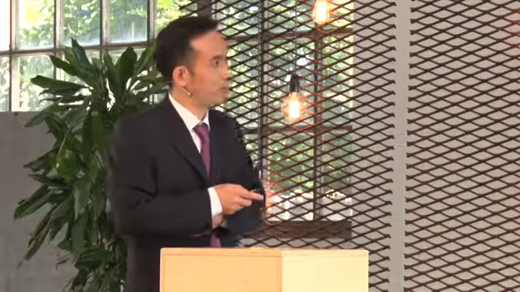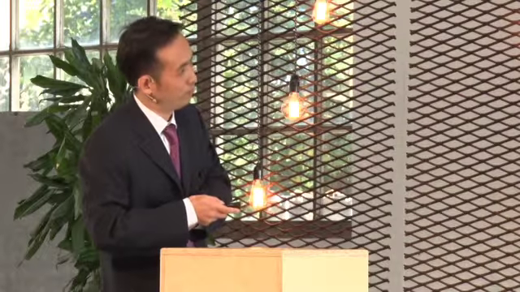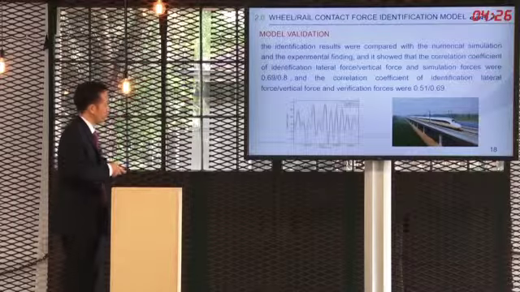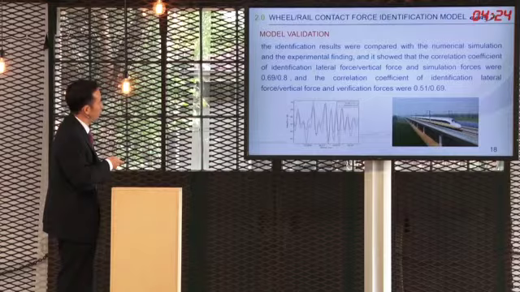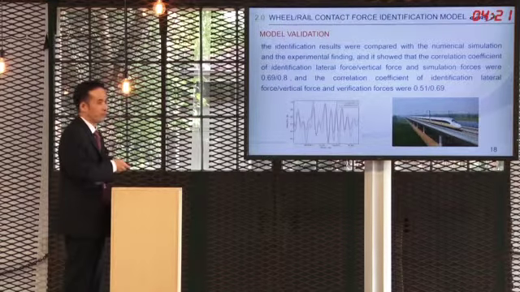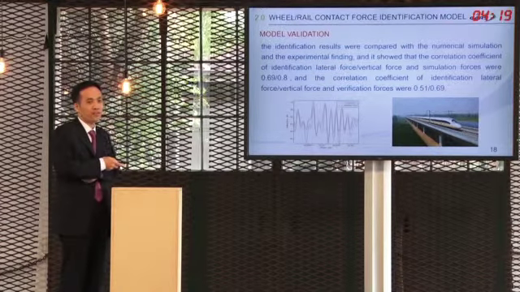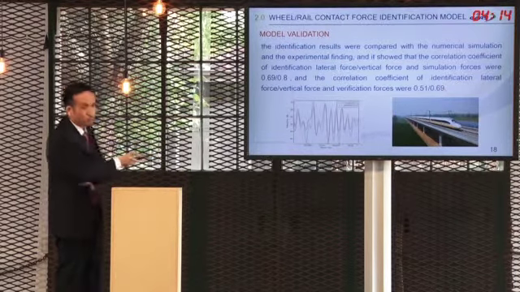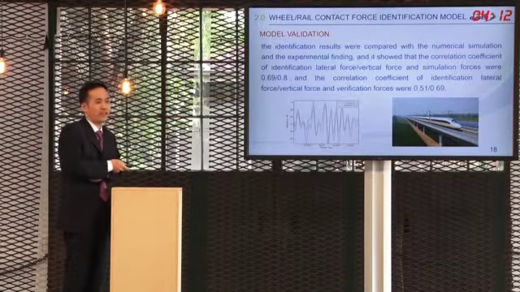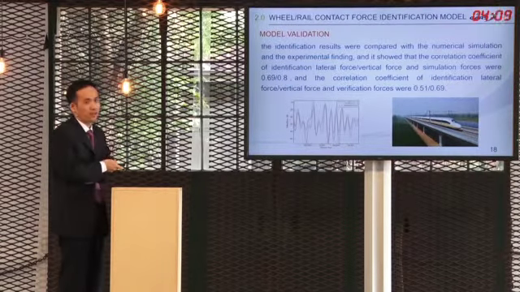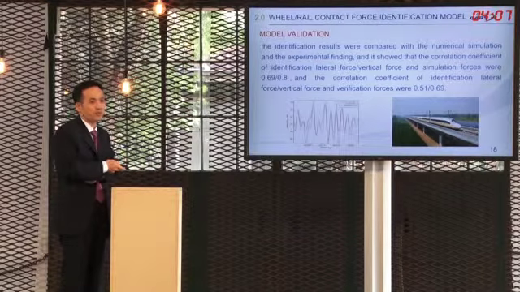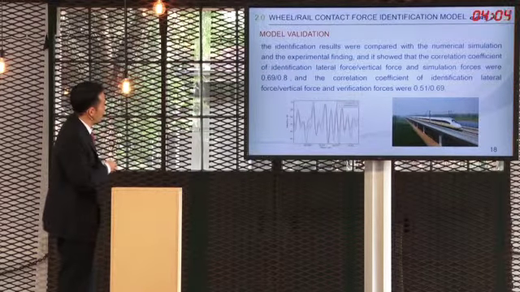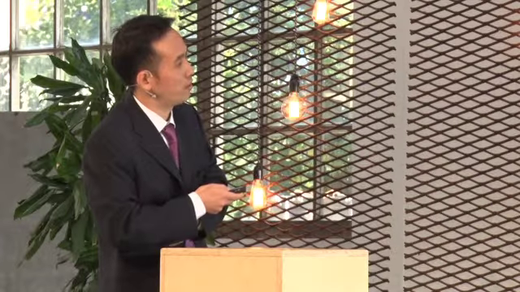And furthermore, for the field test, the difference is a little large. The field test data is obtained from the high-speed comprehensive inspection train shown in the right bottom, which runs in the tunnel with the speed of 300 kilometers per hour.